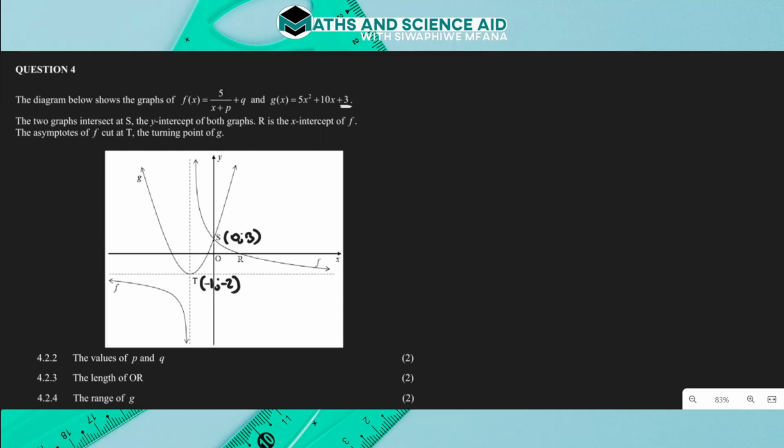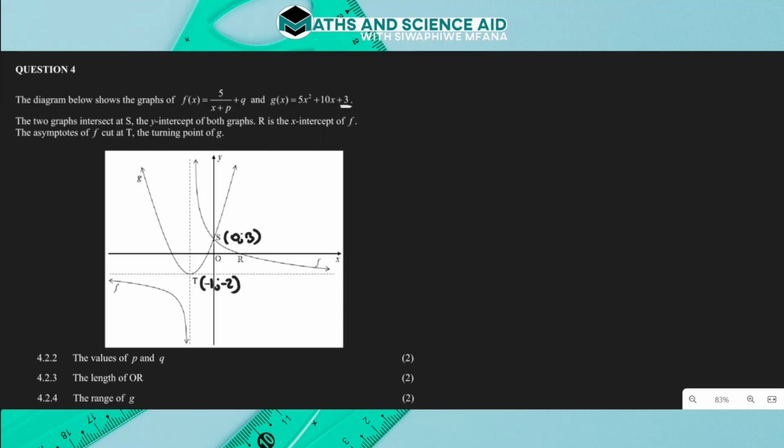p and q are values within the equation of the function f. For this one, you need to understand the properties of a hyperbolic function. It's very easy. The value of p gives us the vertical asymptote, or in other words, the x asymptote, while the value of q gives us the horizontal asymptote, or in other words, the y asymptote.